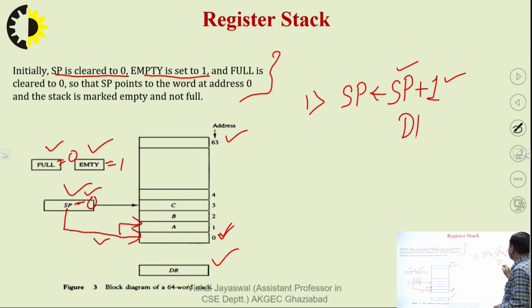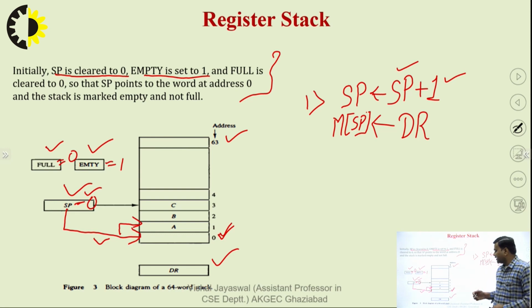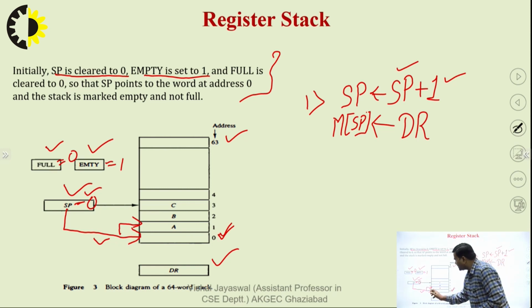The content of DR is transferred to M of SP, which means where the stack pointer is currently pointing, we transfer the content from DR to the stack.